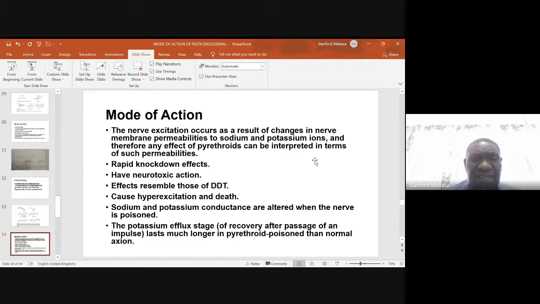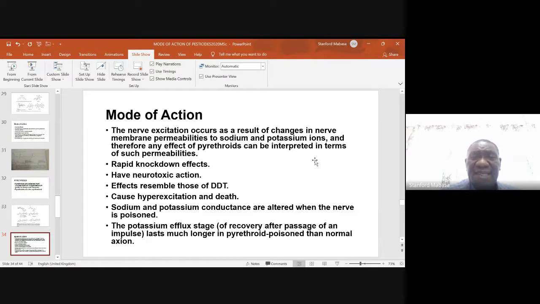Again, the mode of action of pyrethroids is similar to that of DDT. We have the nerve excitation, which occurs as a result of changes in nerve membrane permeabilities. In fact, these two pesticides, pyrethroids and organochlorines, cause the nervous system to become very permeable.